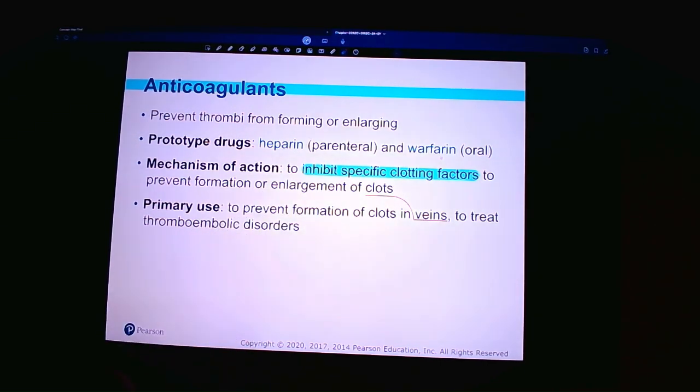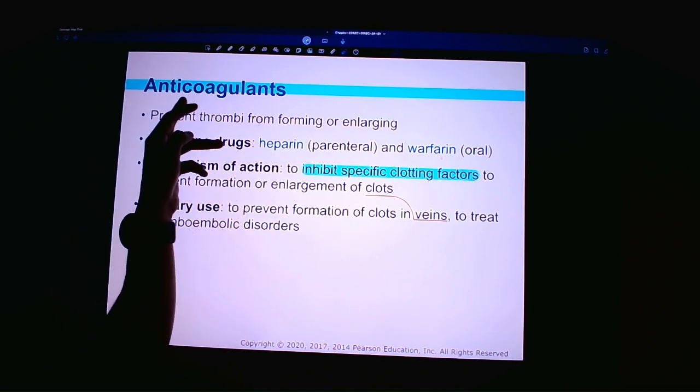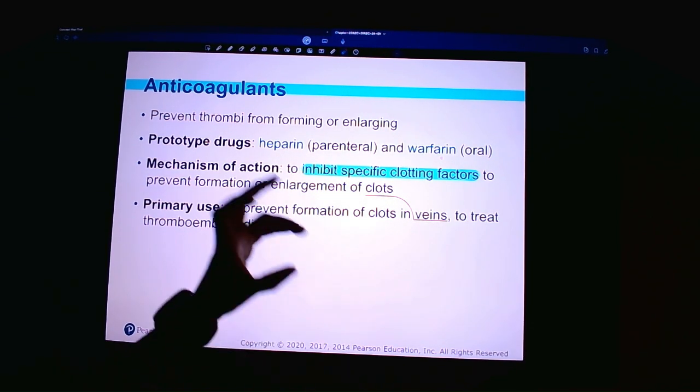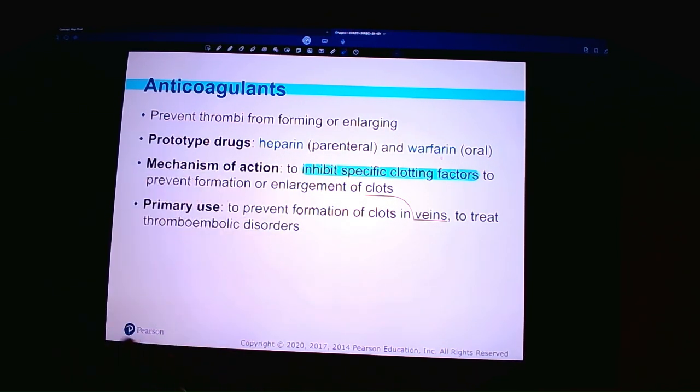This is just a repeat, but I want people to understand there are specific vessels that these antithrombosis drugs target. Think anticoagulants are for veins, while antiplatelets are for arteries. That's what they specifically target. They're tailored to those.